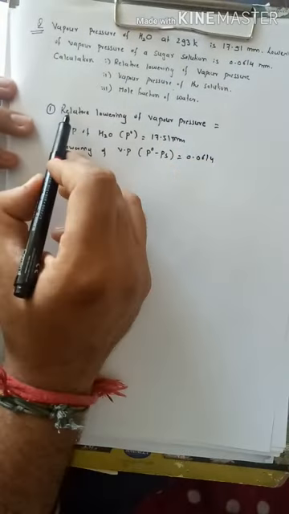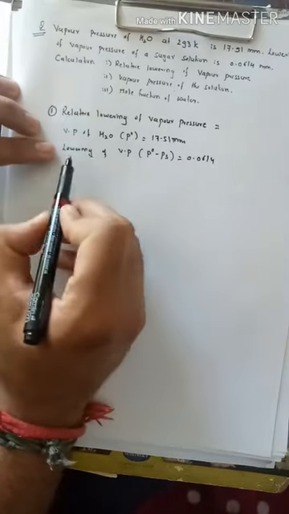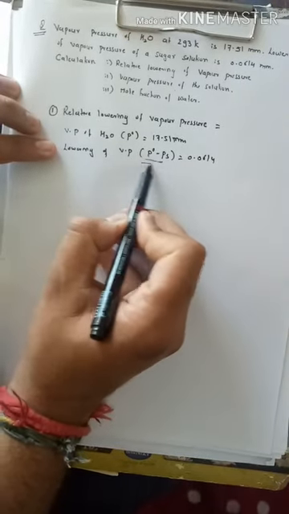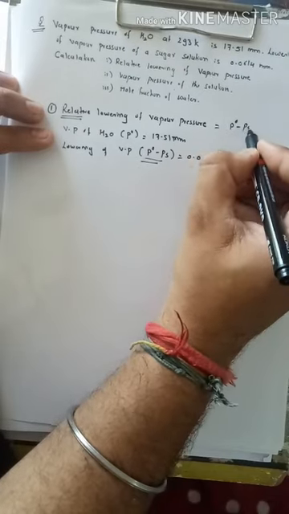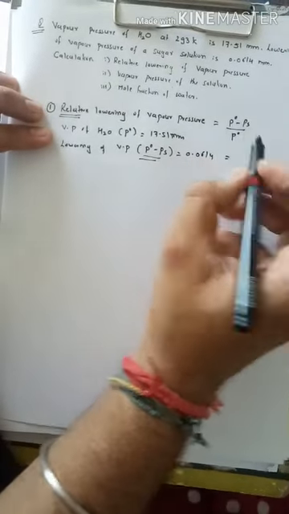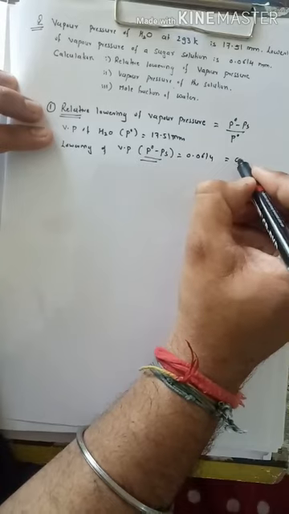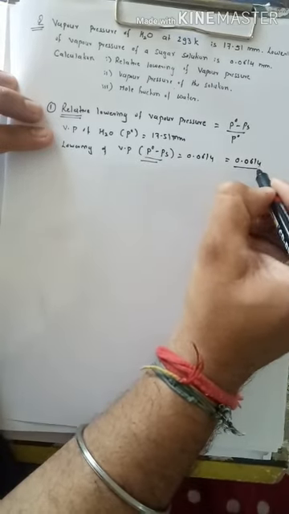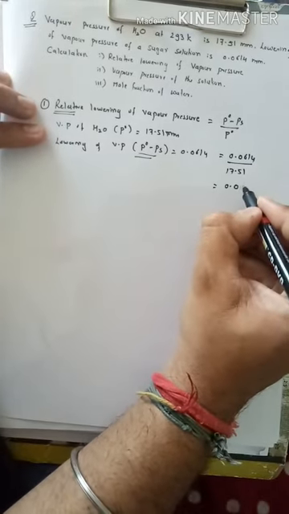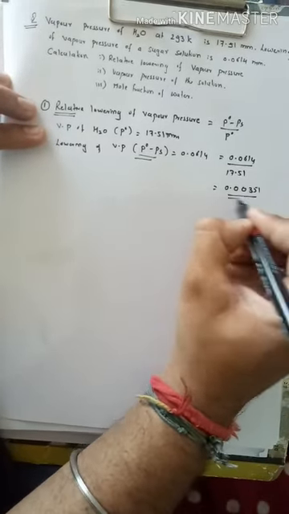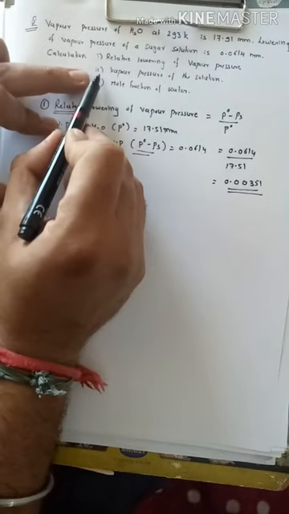According to the equation, for relative lowering of vapor pressure, if it is the word relative, then you write the whole equation, P naught minus Ps upon P naught. Replacing the values, 0.0614 upon 17.51, you get the final answer as 0.00351.